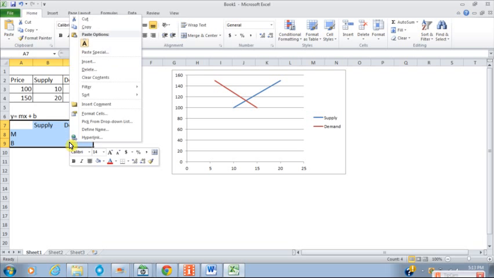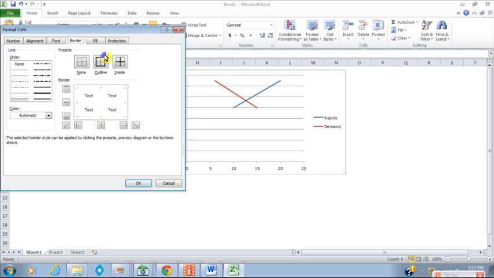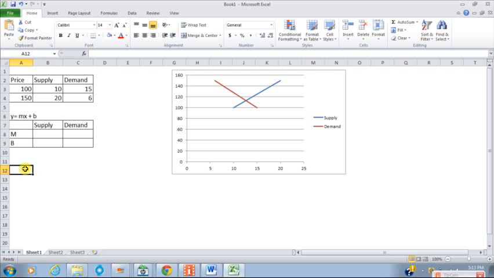So let's make a little chart here. I'm going to make some nice little borders so it's nice and neat. Okay, so m, or slope, you may remember, is rise over run, or in this case change in price, which is our y, over change in quantity, which is our x.